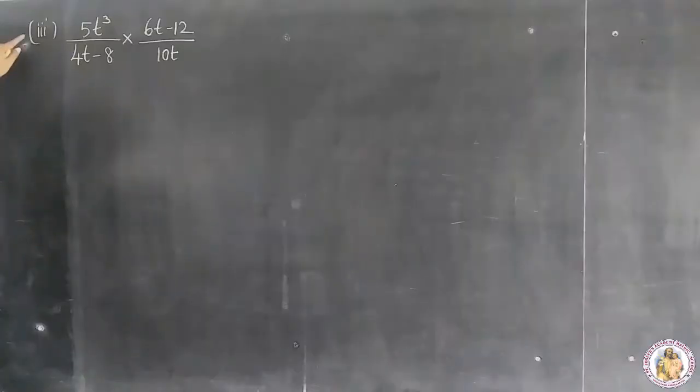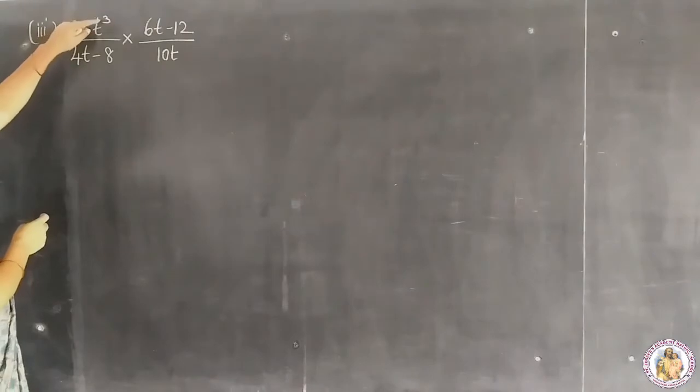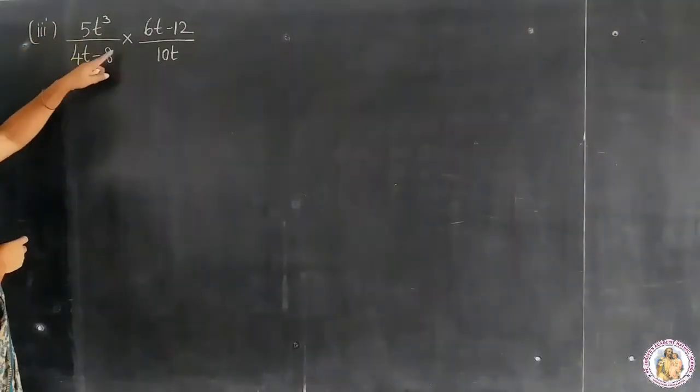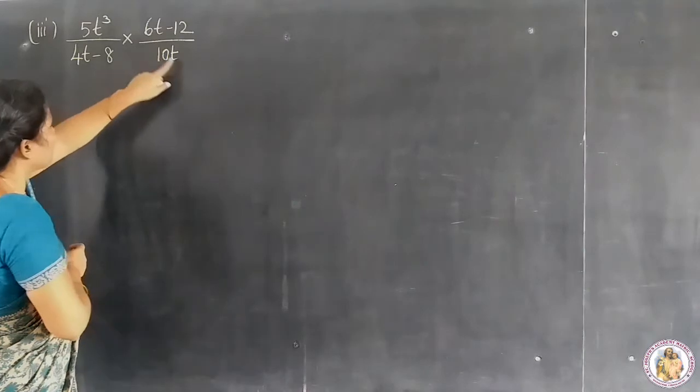Okay. Question number 3. Find t cube by 4t minus 8 into 6t minus 12 divided by 10.